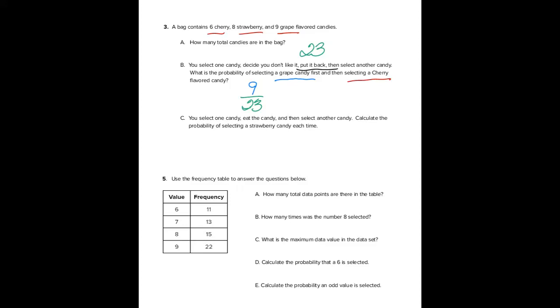Remember, all of this is kind of theoretical. This is what it would be. Times, when I put it back, what's the probability that I would draw a cherry? Well, cherry, I have 6. Since I put that first candy back, that would be 23 in the denominator. 9 times 6 is 54. 23 times 23, I have no idea.